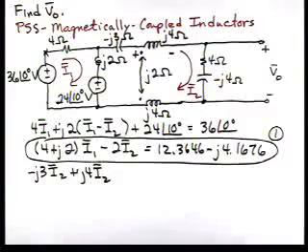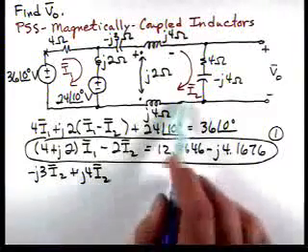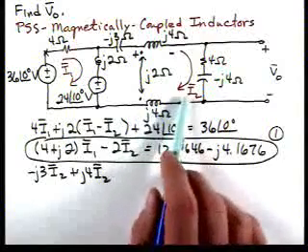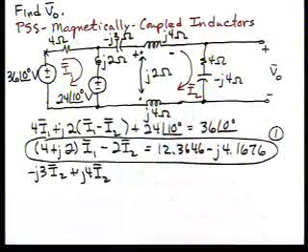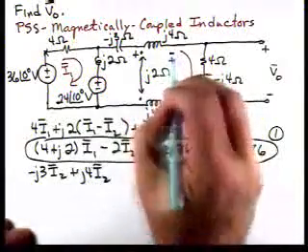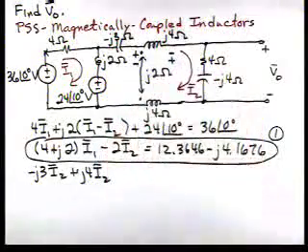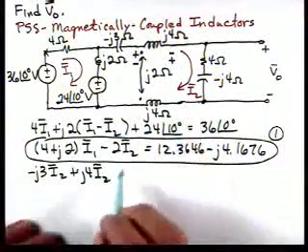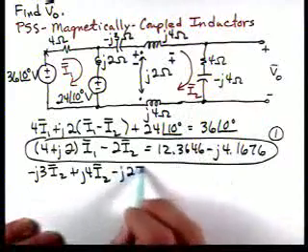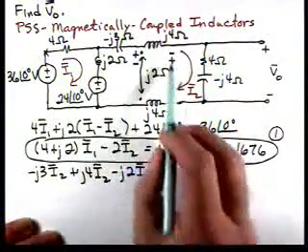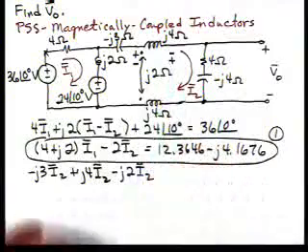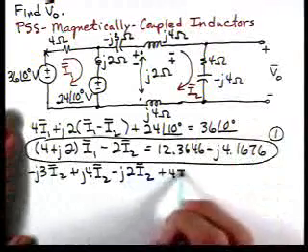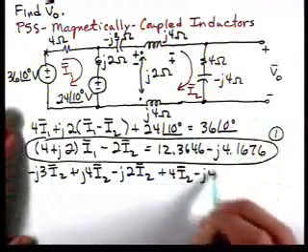But now we also have current flowing through this other coil. It's also I2. They're coupled. So now if we look, I2 enters the undotted terminal. It's going to produce a voltage with that polarity, and notice it's the opposite polarity. So we're going to have a term minus j2 I2. This is a voltage term due to the current flowing in this other coupled coil. As we go around, we have 4 I2 minus j4 I2.